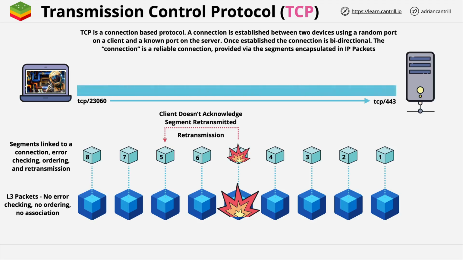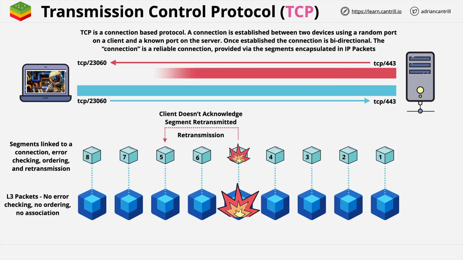TCP connections are bidirectional, and this means that the server will send data back to the client, and to do this it just flips the ports which are in use. So then the source port becomes TCP 443 on the server and the destination port on the client is 23060, and again conceptually you can view this as a channel.